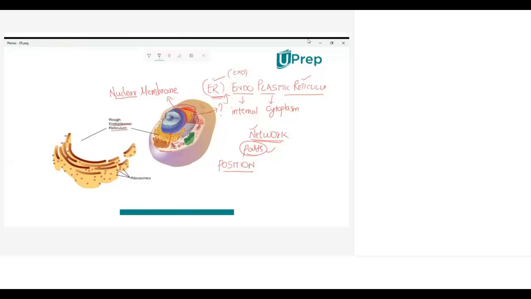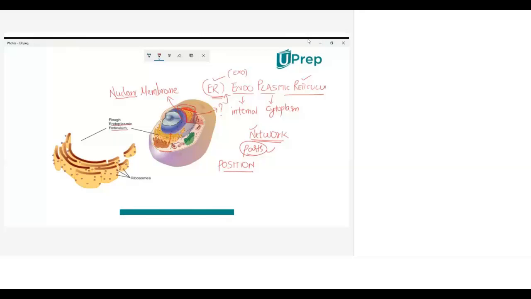Now, why are we calling the endoplasmic reticulum as being between the nuclear membrane and plasma membrane? Because it forms a network of different parts. If you take different parts of the endoplasmic reticulum, you can observe some structures joined together, one above the other, something like this.